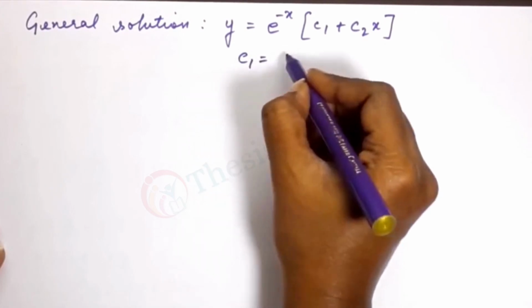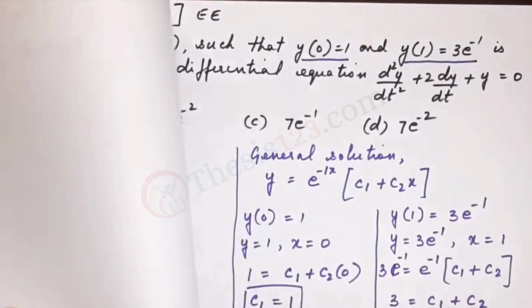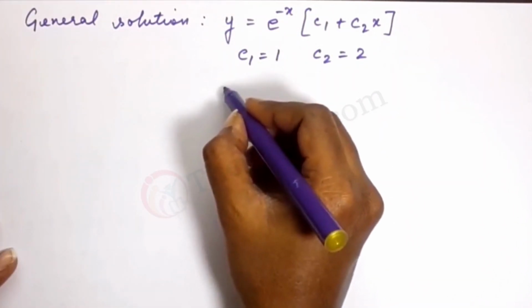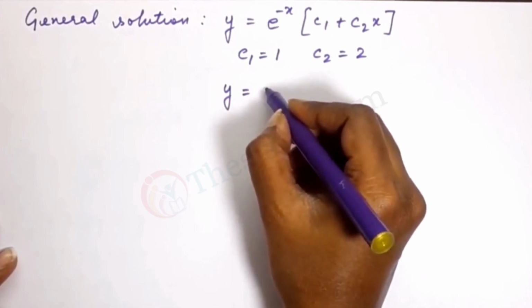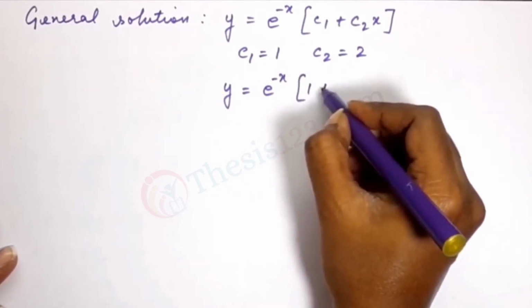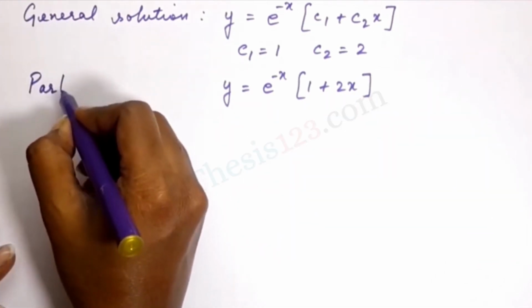We have c1 equals 1, c2 equals 2, right? Okay, so let's substitute this into the equation above, and we get 1 plus 2x. So this is known as the particular solution.